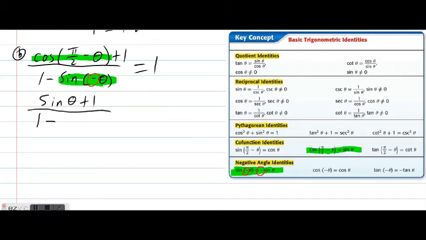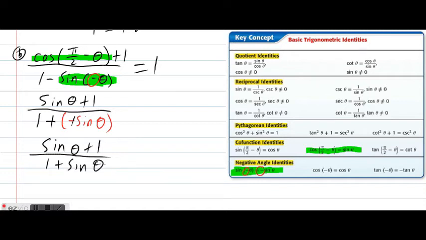So I'm taking this negative and I'm going to move it out in front: minus sine of theta. Two negatives give me a positive. I have sine of theta plus 1 over 1 plus sine of theta.